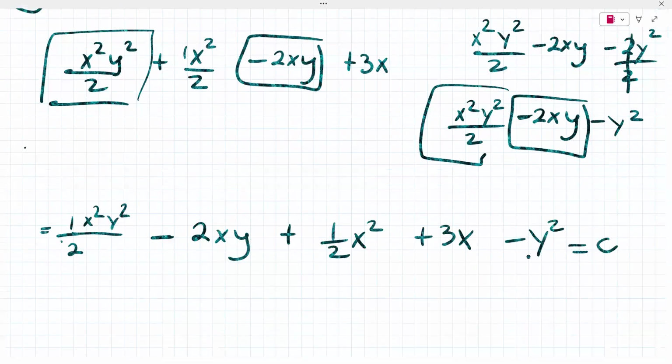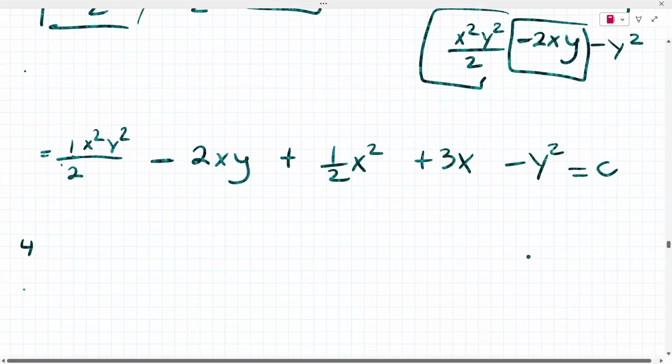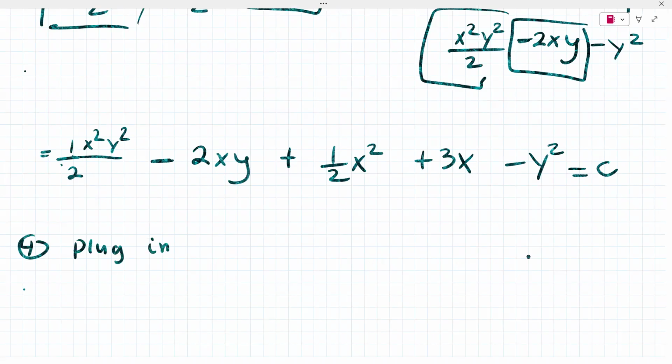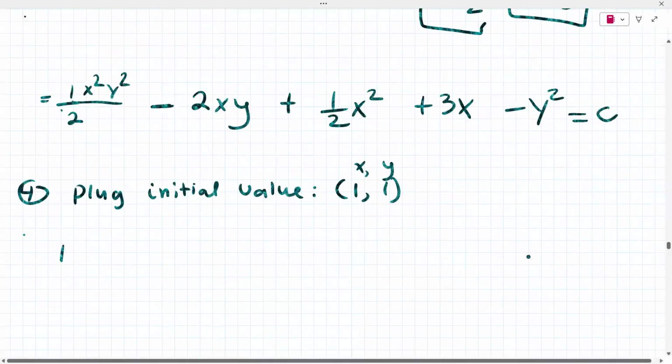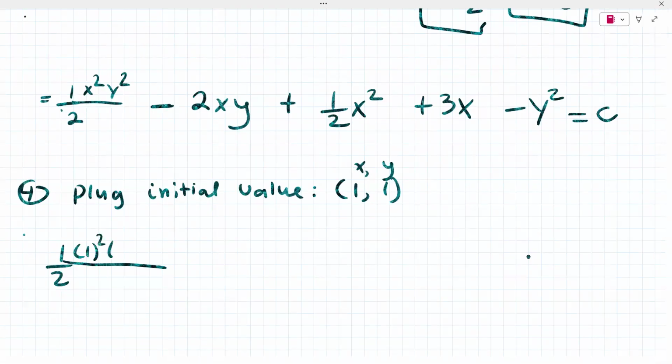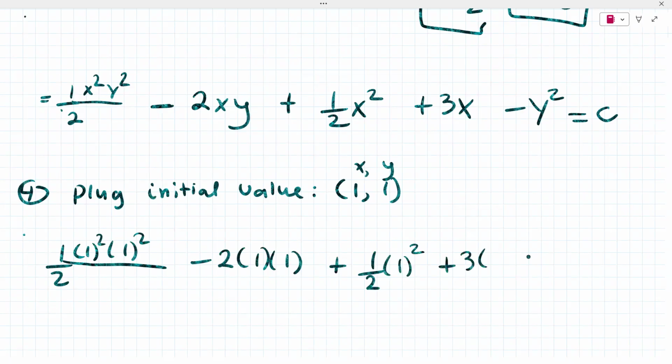Now, do we have an initial condition? Yes. So step 4, you're going to plug in your initial condition. So it's going to be 1/2, and then my x is 1, so that's 1 squared, minus 2 times 1, plus 1/2 times 1 squared, plus 3 times 1, minus 1 squared equals c.